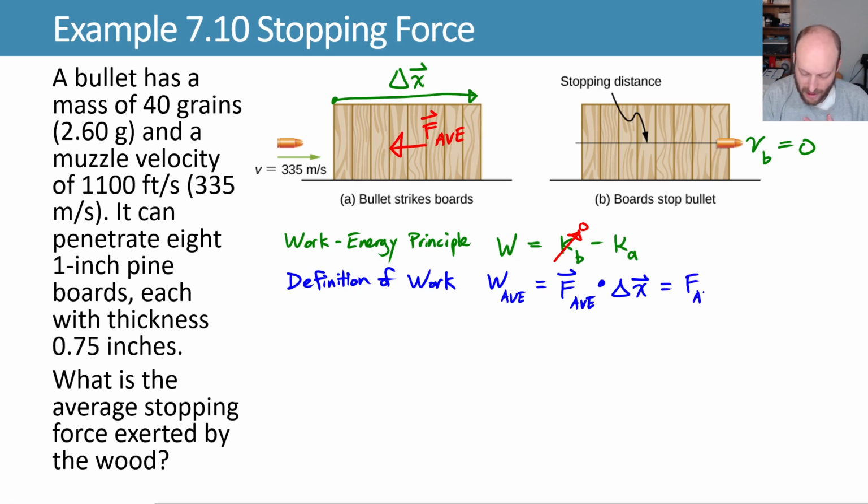That's our average stopping force of our bullet times our displacement times the cosine of the angle between them, which is 180 degrees because it's opposing the direction of motion, which gives us a -1.